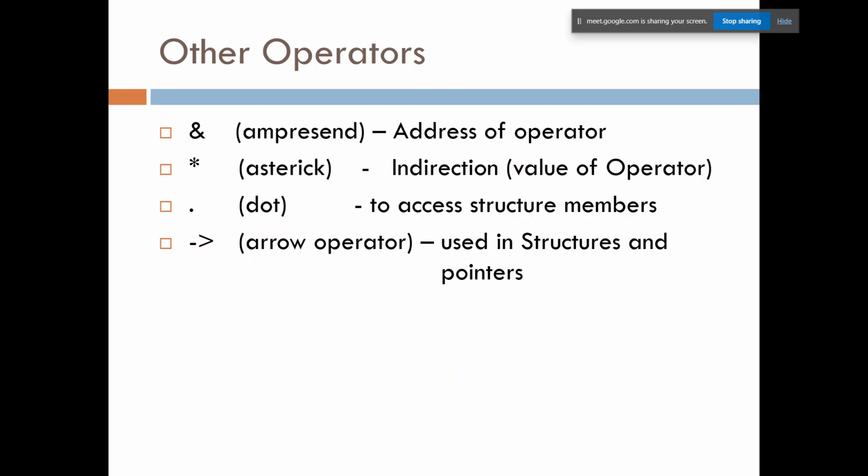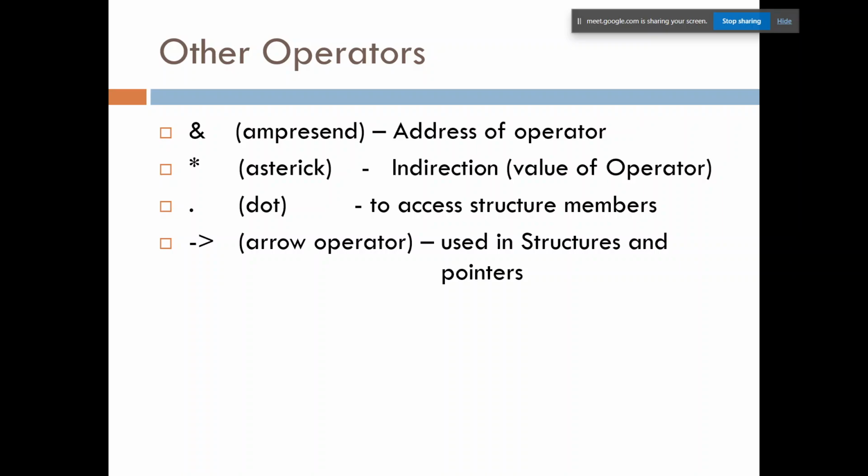Coming to the last, of course there are many other operators too. Like hyphen greater than, which is called the arrow operator. It is used when you are working with structures and pointers together. In most data structures, people will use this arrow operator in C language.